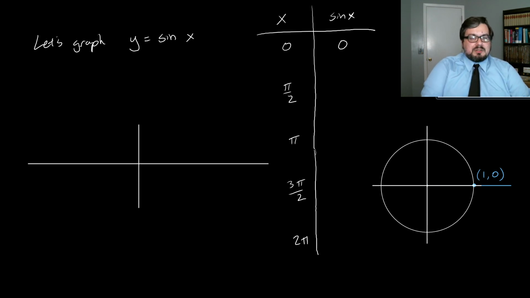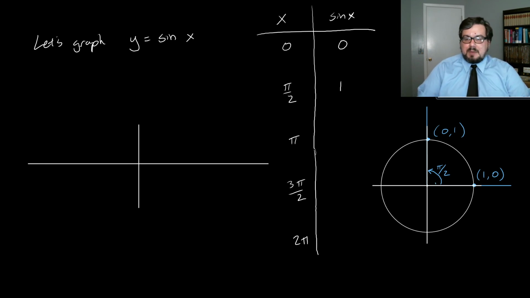Well, then we move on to pi over 2. If we move over here to pi over 2, then we're looking at the angle that goes straight up, and we looked at this just a minute ago. That goes through the point 0, 1 on the unit circle. Sine of pi over 2 is going to be the y-coordinate of that point, which is 1.